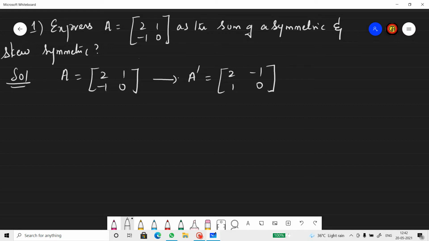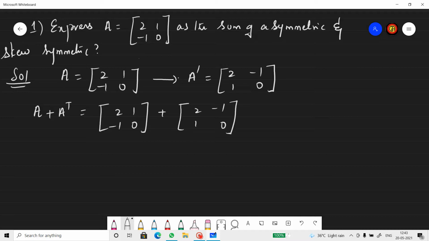Right? Now, let's find A plus A transpose. So that means 2, 1, minus 1, 0 added with 2, minus 1, 1, 0. We get 4, 0, 0 and 0.